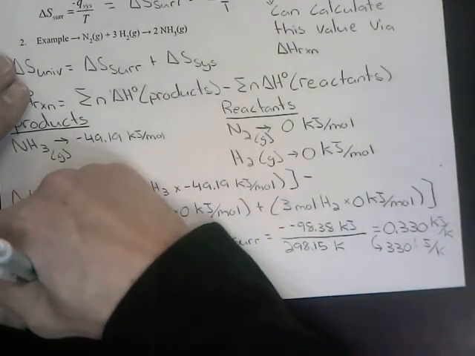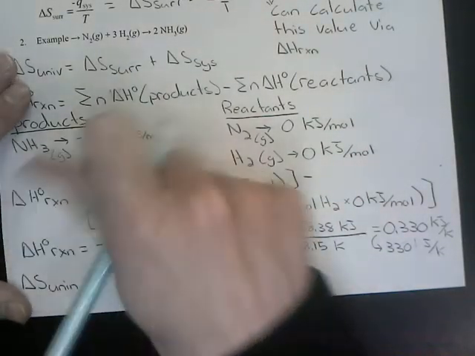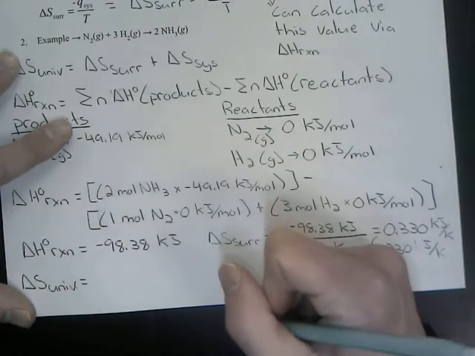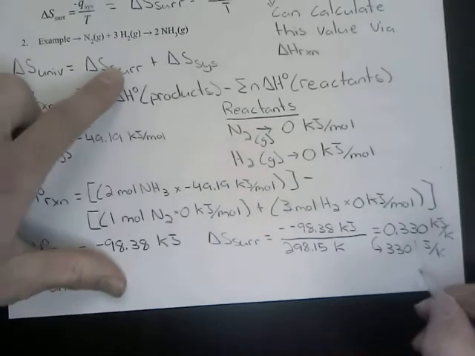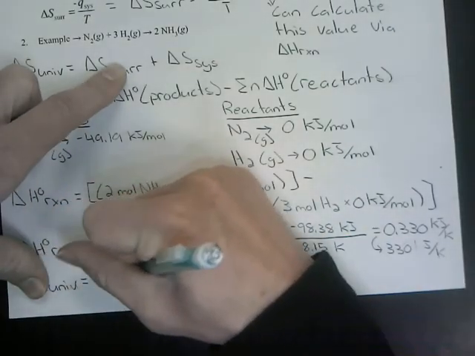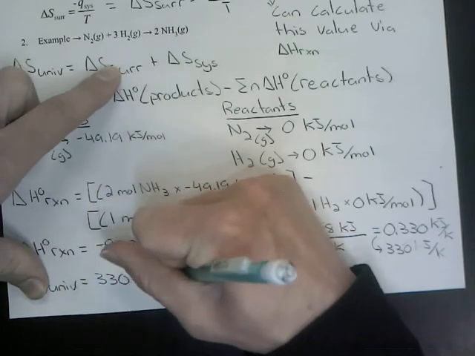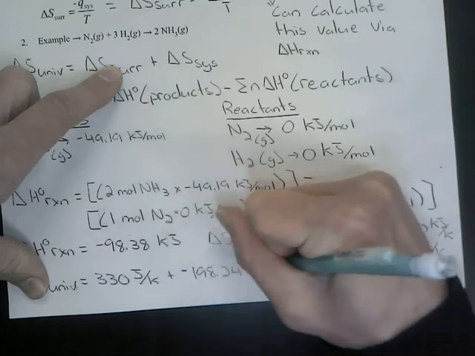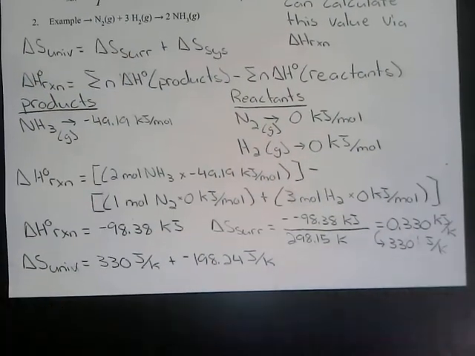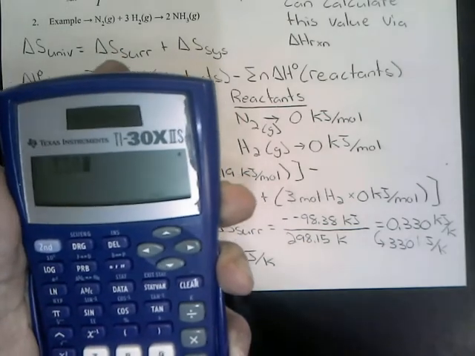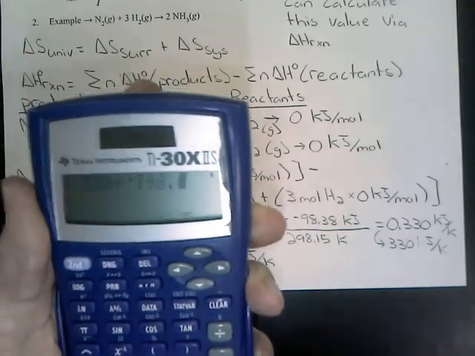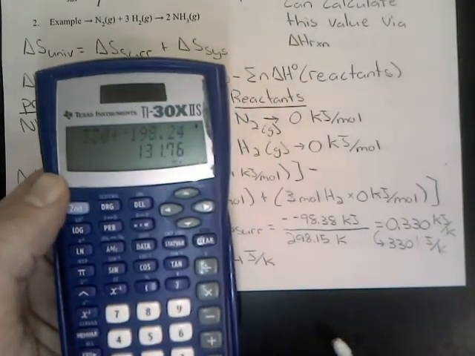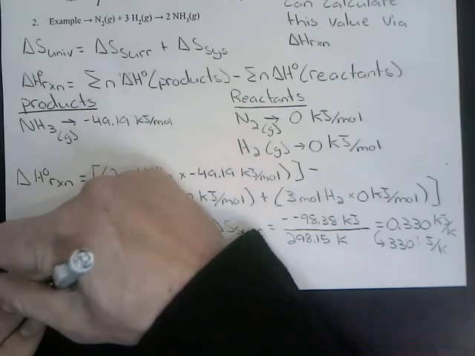So now, to find the delta S of the universe, we take our surroundings, 330 joules per Kelvin, and add it to negative 198.24 joules per Kelvin. Again, same unit, that works out nicely. So 330 plus negative 198.24, and our delta S of the universe is 131.76 in this particular process.